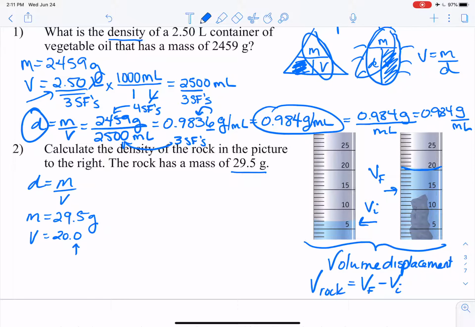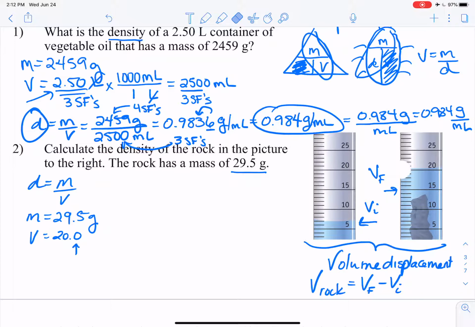So maybe I look at it and I say, okay, the bottom of the meniscus looks like it's hitting on exactly 20.0. And you say, oh, no. It's definitely 20, but it looks like 20.1 to me. Is that okay? Yes, because the last digit is where the guess is.